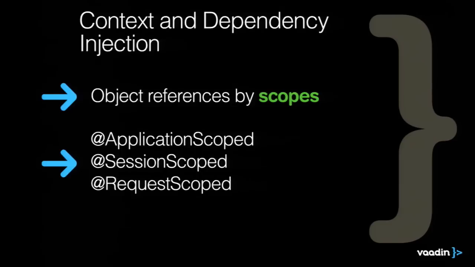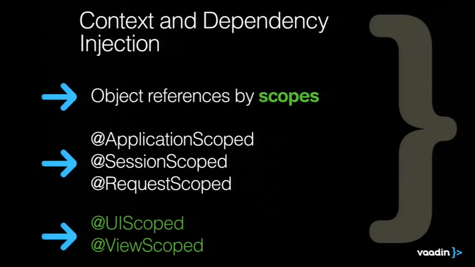Request scope is something that can be, for example, used together with single HTTP requests. I promised to tell something about the Vaadin CDI add-on. That'll add 2 additional scopes which are specific to one UI or one Vaadin view. I'll tell you more about those in just a second.